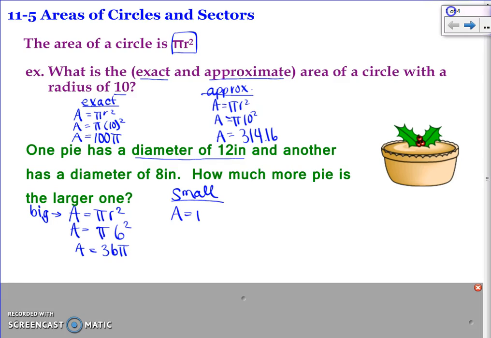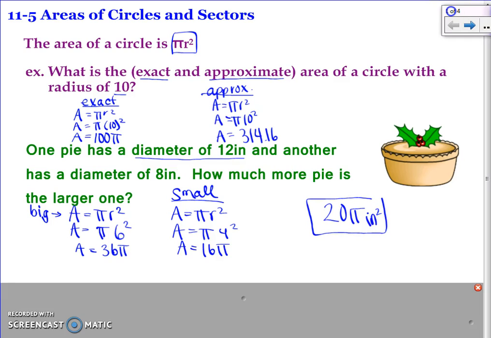So this one we've got pi r squared. What's the radius on this one? 4. So we got 16 pi on this one. So how much more pie is the bigger one? Should be writing this down. 20 pi. 20 pi. We just subtract the two. Inches squared.